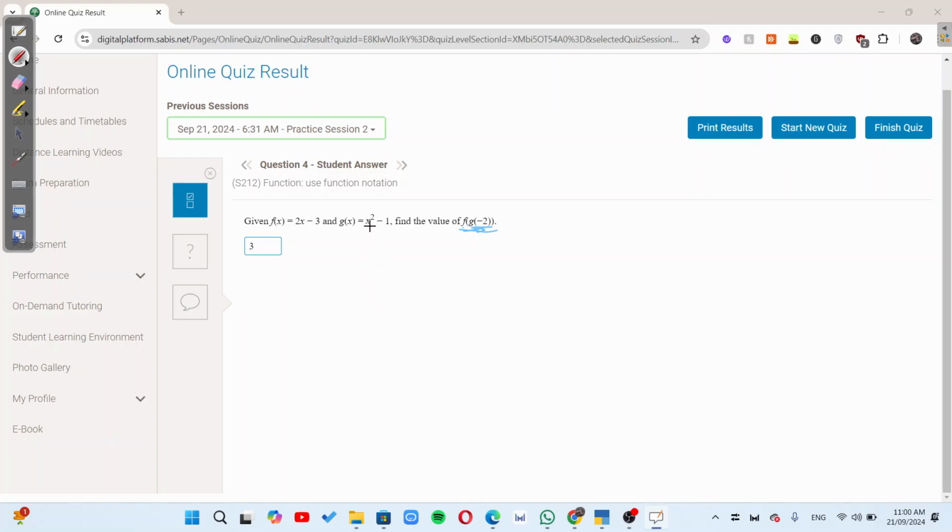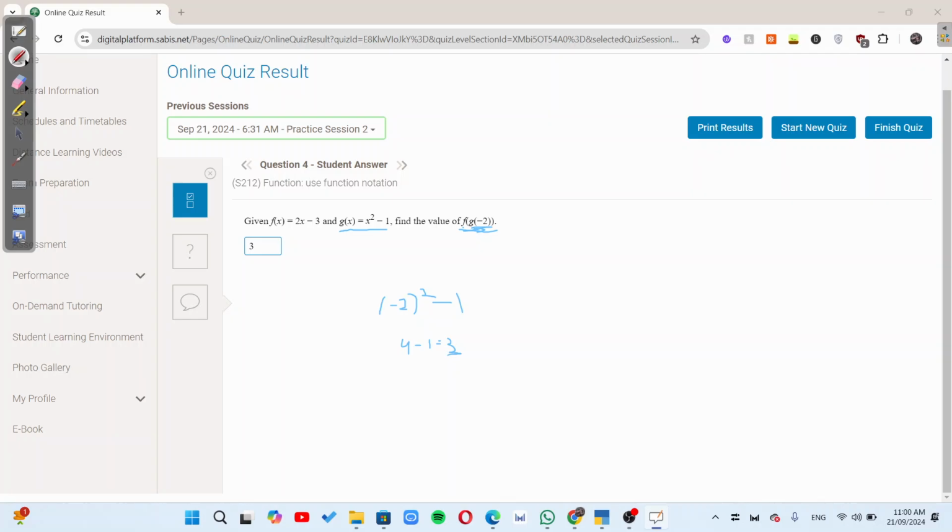So you need to replace the x in this function with negative 2, because that's what they want. So negative 2 all squared minus 1.